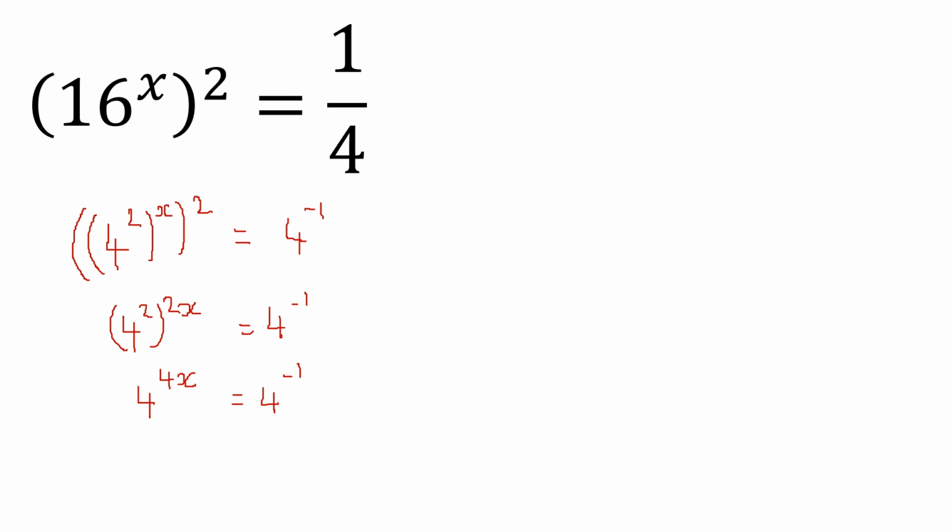So our base values are the same, we're in our simplest indices, so we could write it as 4x is equal to minus 1. To find x we need to just divide by 4 on both sides, so x is equal to minus a quarter.